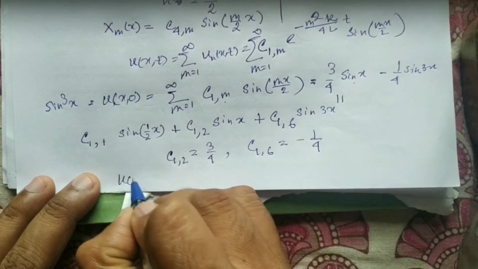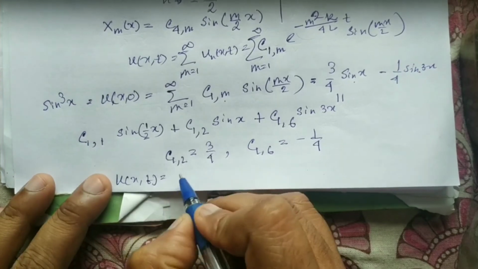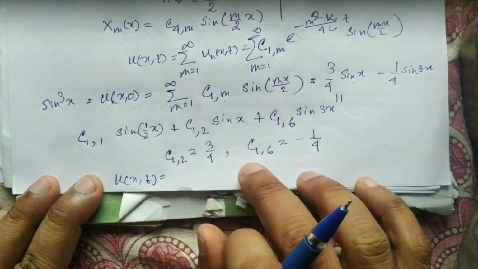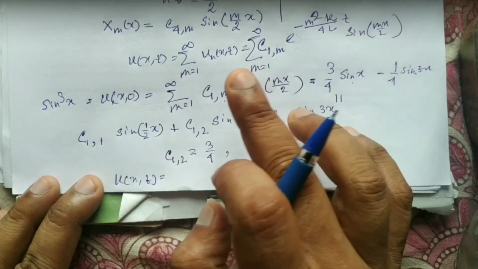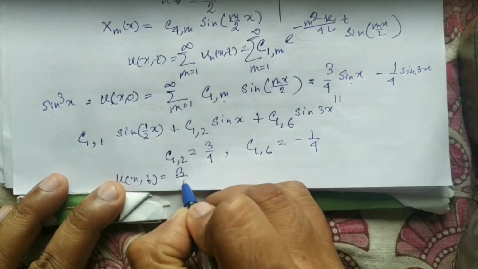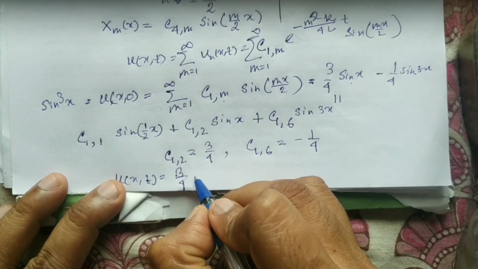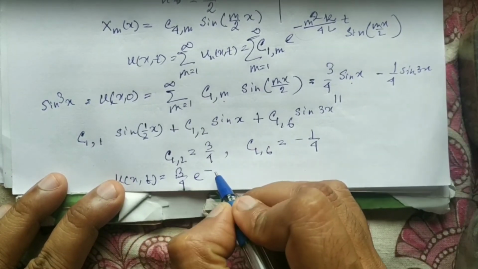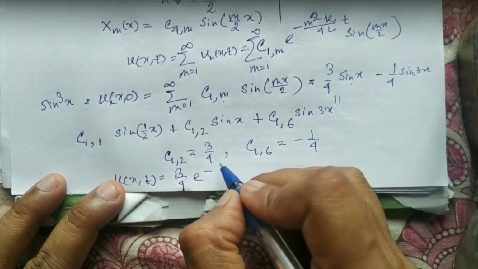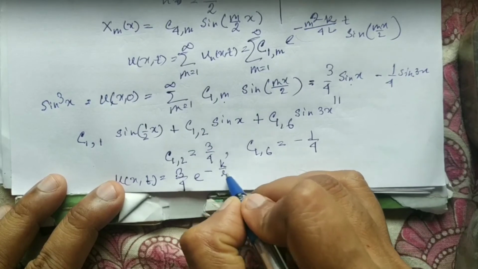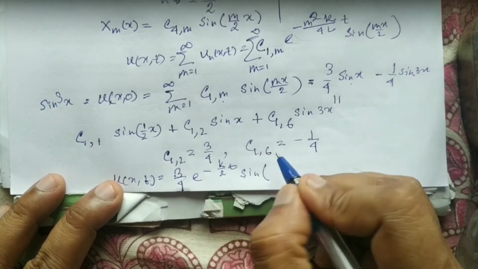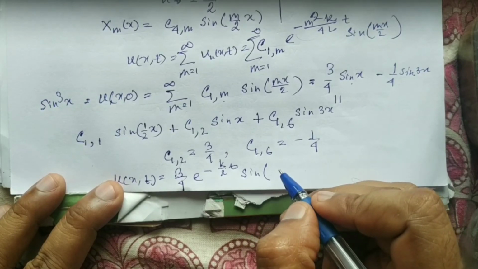So your u(x,t), see, only non-zero terms are C12 and C16. So m is 2 and 6. So we are writing this will be 3 by 4, that is C12, multiplied with e to the power minus, in the place of m we will write 2, so 4 by 4 cancels, k by l t, sine m is 2, right?